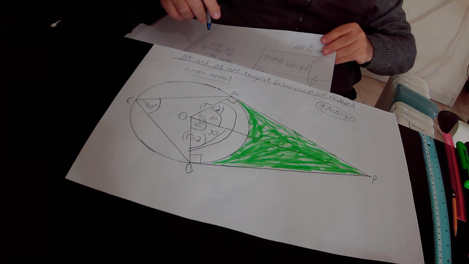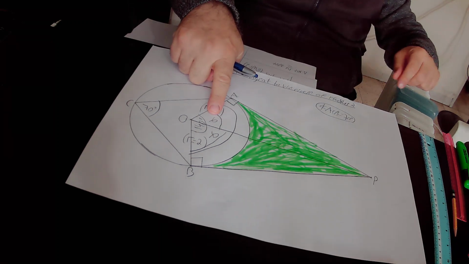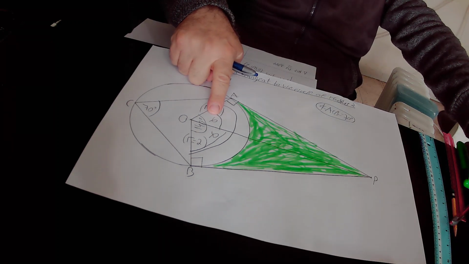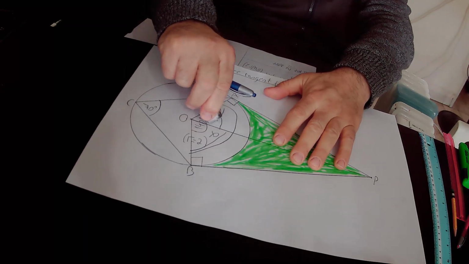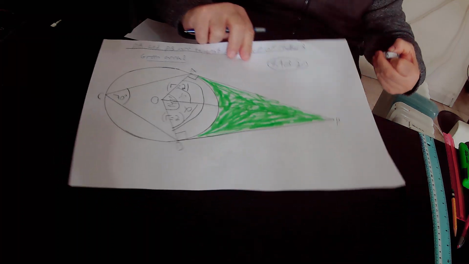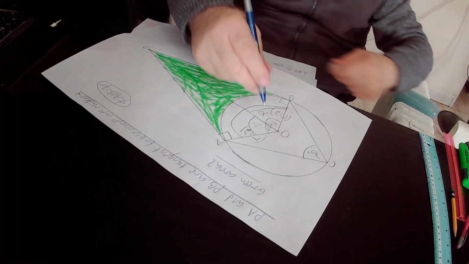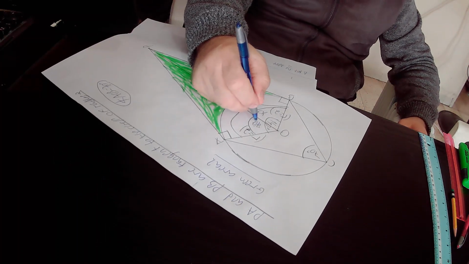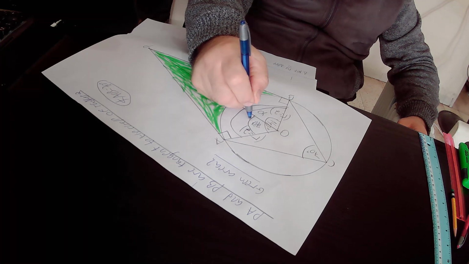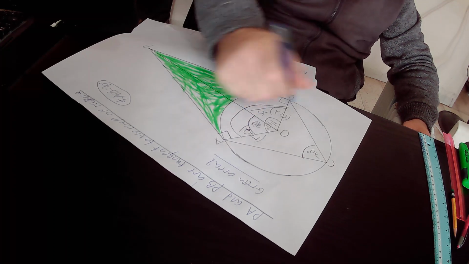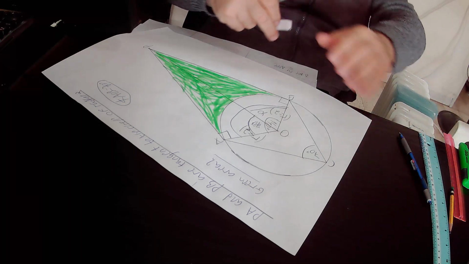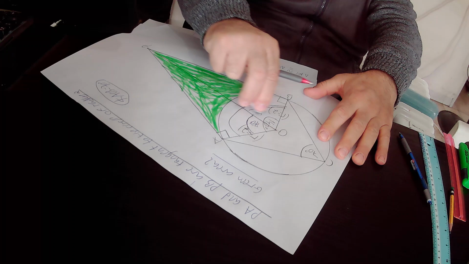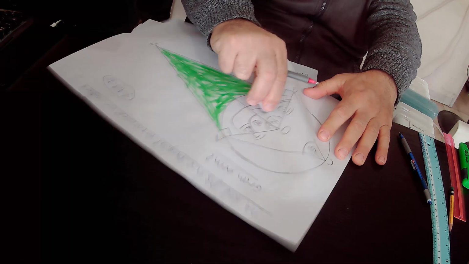So actually, this is the missing angle alpha that equals 70 degrees in its size. And this angle alpha is equal to 70 degrees also.